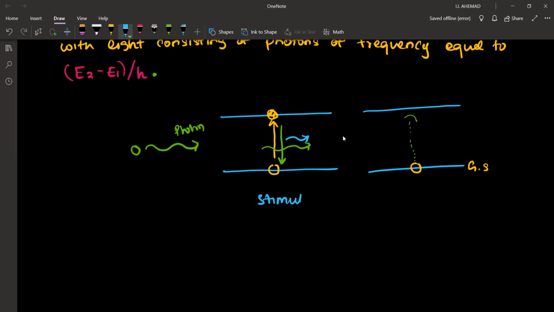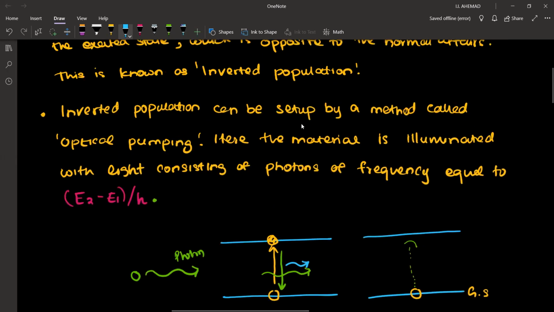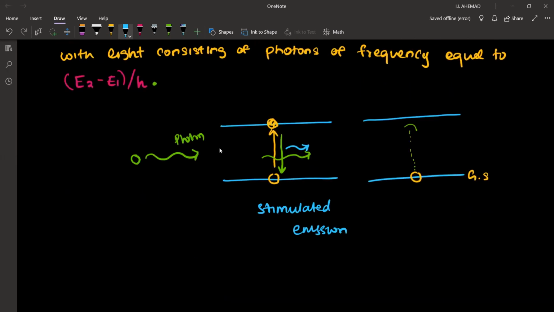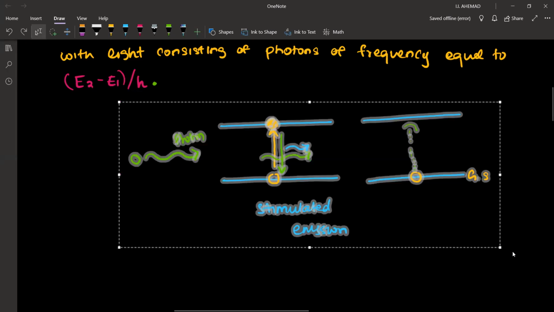Stimulated emission has more chance. Therefore, setting up an inverted population using this method is not easy. Is that idea clear? So let's mention that in the next point.